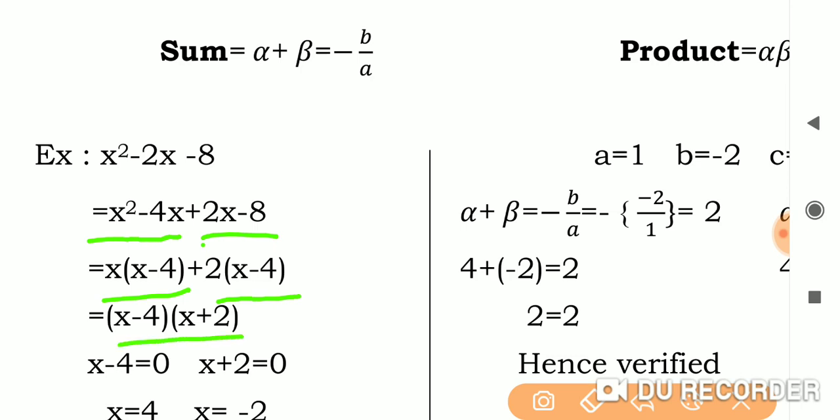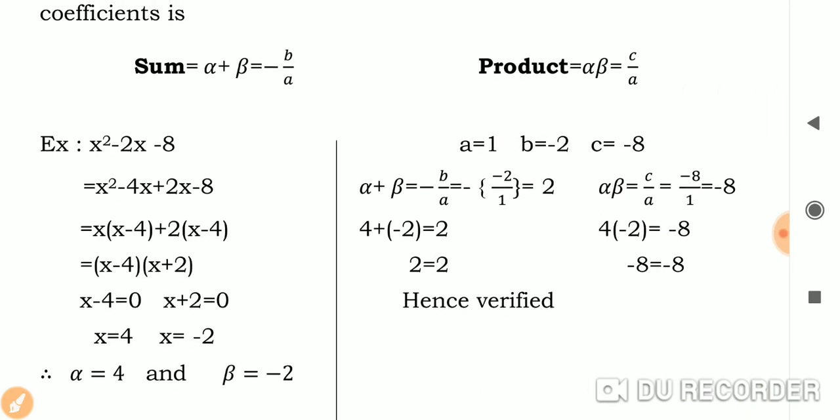Since we need to find the zeros of this polynomial, we write x minus 4 is equal to 0 and x plus 2 is equal to 0. When you transpose the minus 4 to the right hand side, x equals 4, whereas in the case of x plus 2, when you transfer the plus 2 to the right hand side, you get x equal to minus 2.